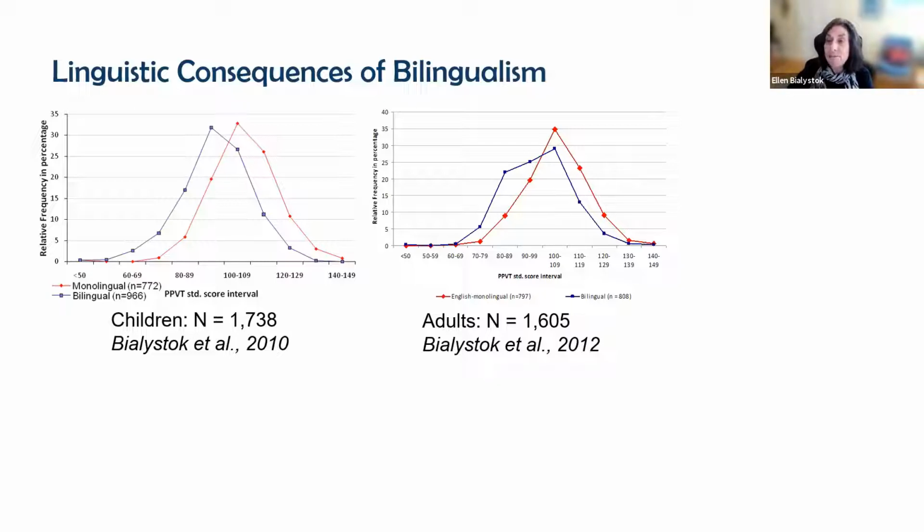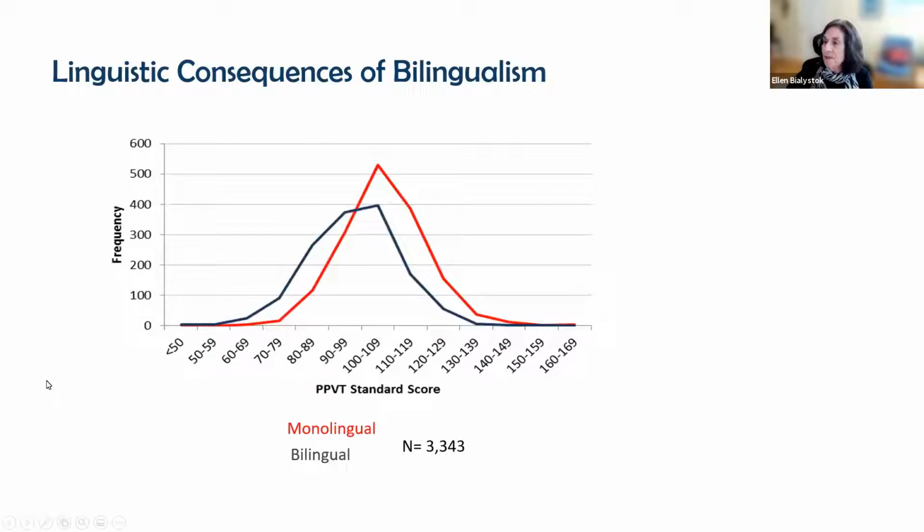That's really important. But what you can also see is that the red curve is shifted a little bit to the right where the scores are higher. So that means monolinguals and bilinguals have normally distributed vocabularies, but on average, monolinguals score a little higher. And we can collapse those into one graph because, as I said, age doesn't matter.